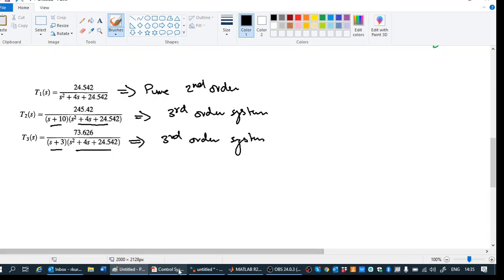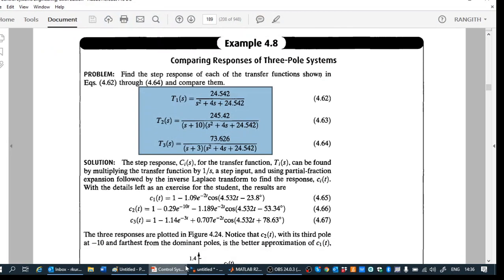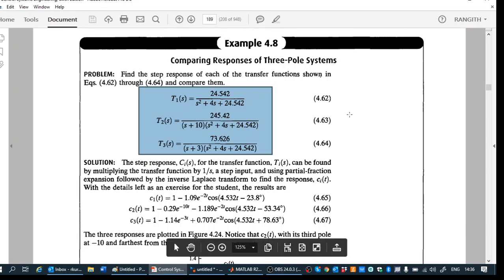Now when we do the calculations, we can see what the roots of this equation are, what the dominant poles are and what the third pole is. So that's what we need to first find out here.